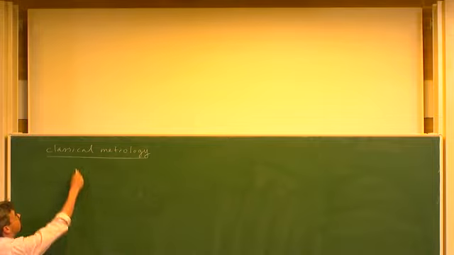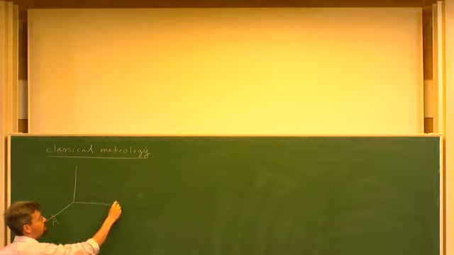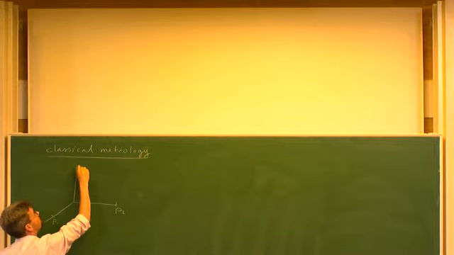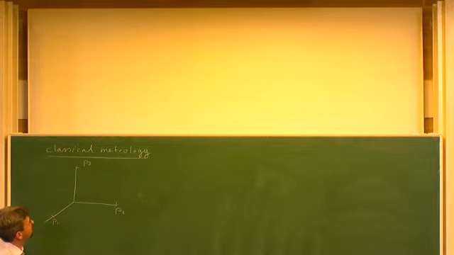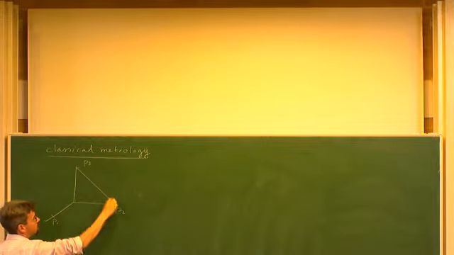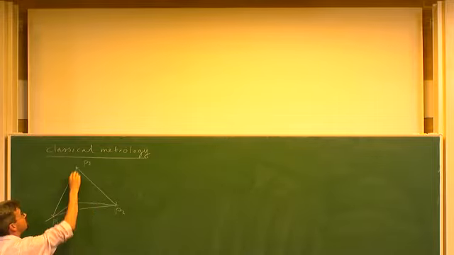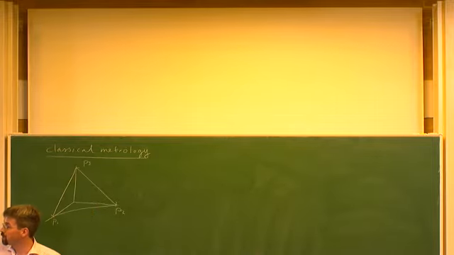The easiest way to get an intuitive feel for this is to look at a system with three possible measurement outcomes, which I can draw in 3 dimensions. So I have the probability of outcome 1, 2 and 3 measured by P1, P2 and P3, and then the probability simplex is given by the normalization that P1 plus P2 plus P3 is equal to 1. And that's this triangle.